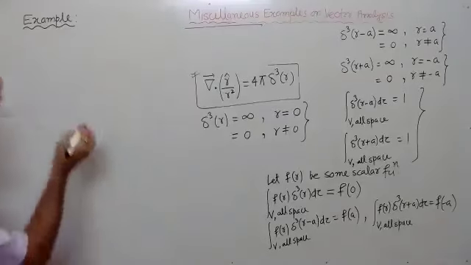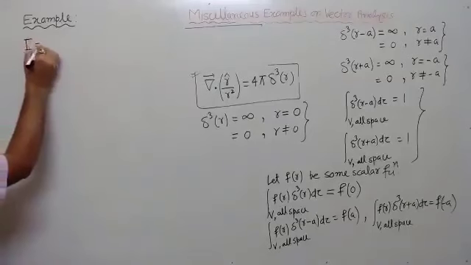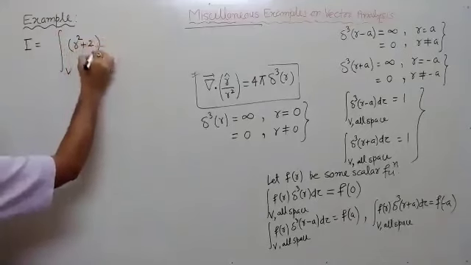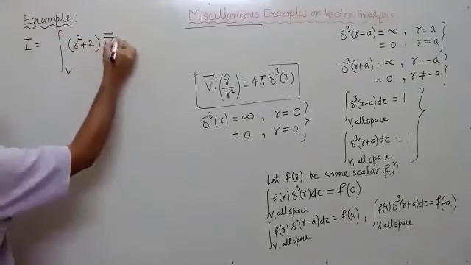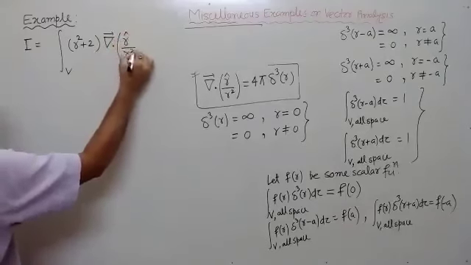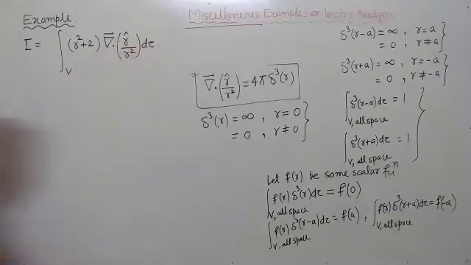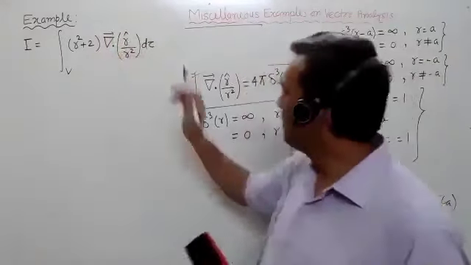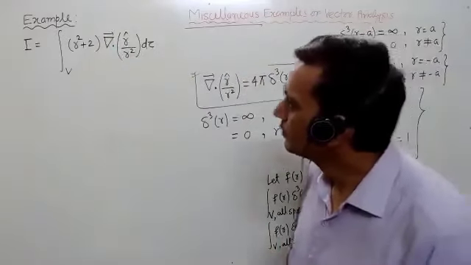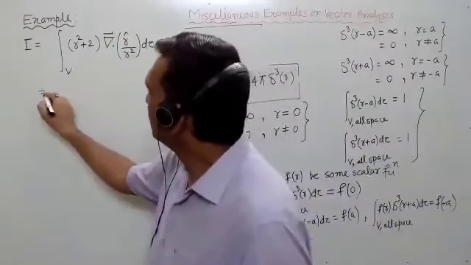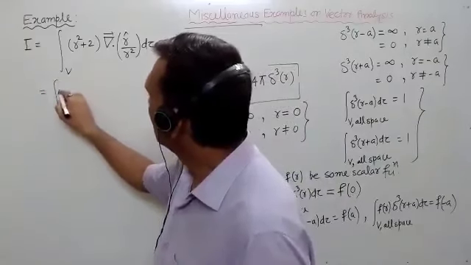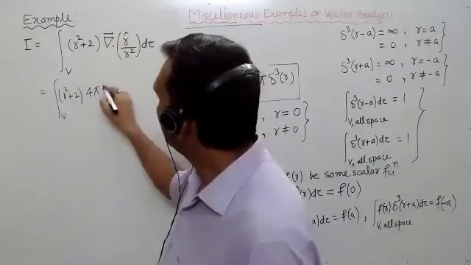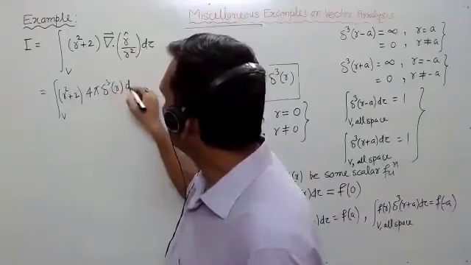So using these properties, let us evaluate this integral. What will be the integral of r square plus 2 times divergence of r cap by r square d tau? Let us evaluate this. So this will be r square plus 2, and the divergence can be written as 4 pi delta r in terms of the Dirac delta function.